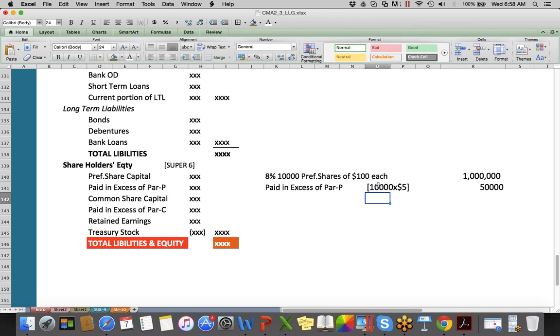We call it a premium. Here it is called paid in excess of par. Par means face value, the registered legal value of the share. Here it is $100.